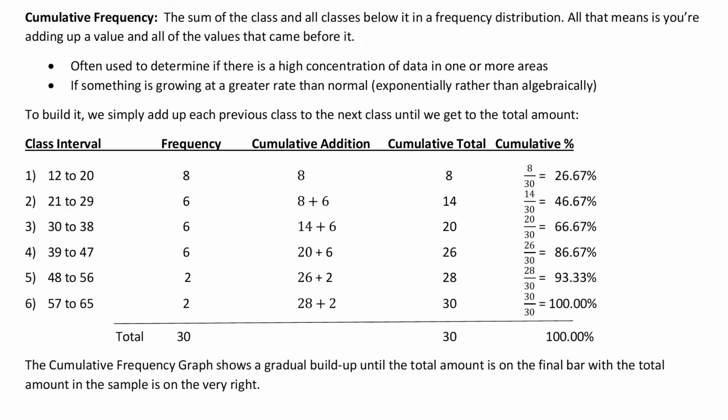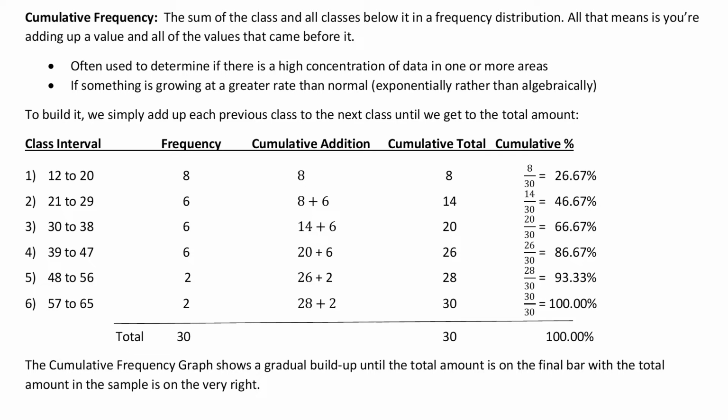Now, the cumulative frequency is based upon the same data, but we keep adding the previous component to it. And what this lets us know is where the trend is going as we get larger and larger areas put together. For example, I've still got the same class intervals, 12 to 20, frequency is 8.